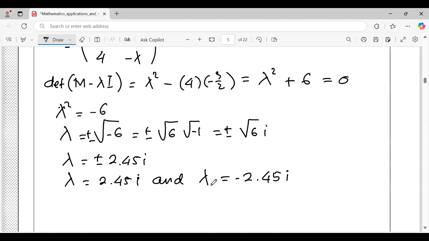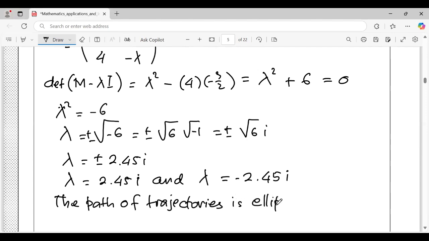So the path of trajectories is an ellipse.